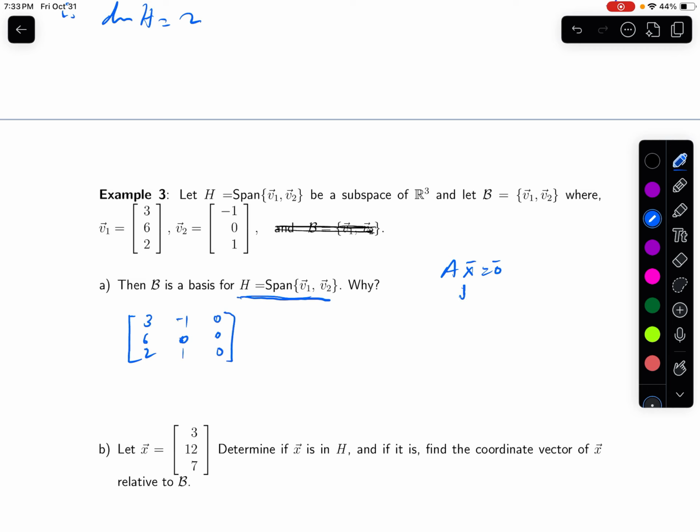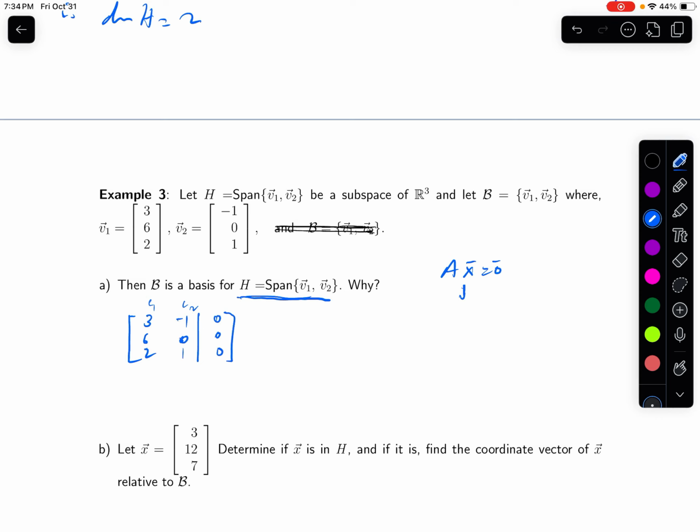You put a vertical line here, an augmented matrix, and you are checking c1, c2, or d1, d2, whatever you want. These are two coefficients because we have two vectors. Then you perform row reduction, get it into echelon form, and you can tell whether they make a linearly independent set or not.